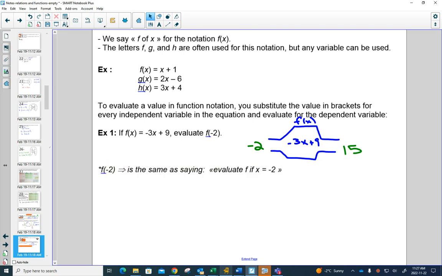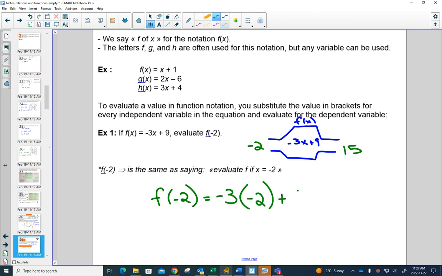Algebraically, what we can show is f of negative 2 replaces the x with a negative 2, and it's equal to 15. So f of negative 2 is basically saying evaluate f, or evaluate y, if x is equal to negative 2.